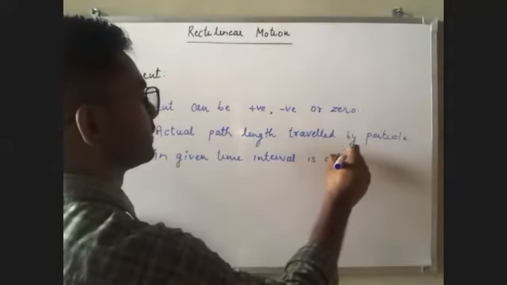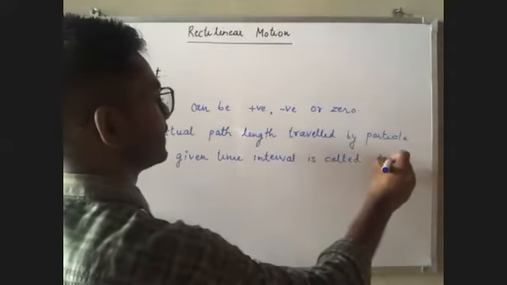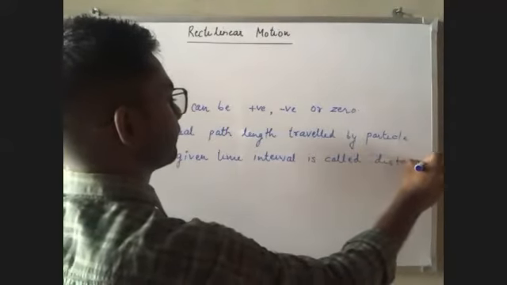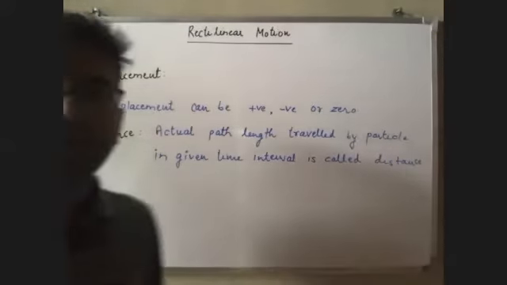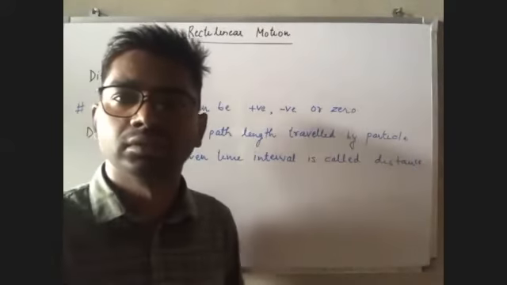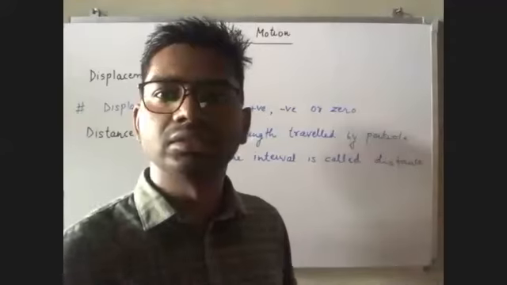That is called distance. So actual path length. Displacement has direction, but distance doesn't have direction.